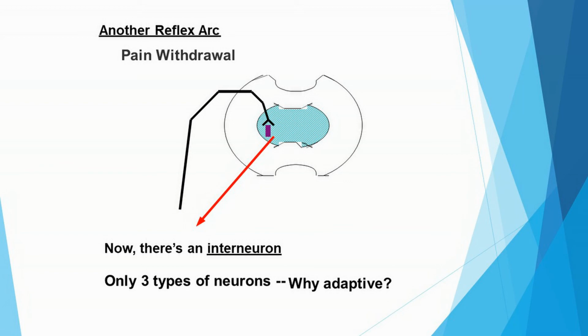So it's highly adaptive. Think about it. If you had to rely on your brain to lift your foot away from a sharp piece of glass and get your other leg ready to support your weight, that would take too long. By then you would have really damaged your toe. So here's what does not happen. You experience damage to your toe. That information travels along an afferent sensory neuron to the spinal cord.